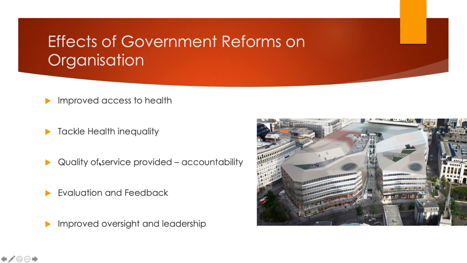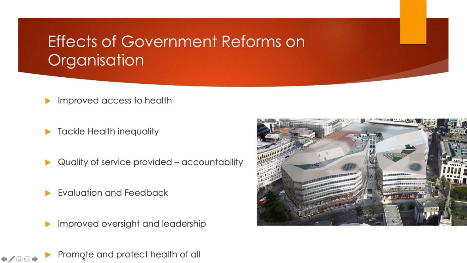Improved quality of service and accountability for the quality of service. So they created quite a lot of SLAs, which is like standard delivery of things. If for any reason those standards weren't met, they would be evaluated, and accountability also means improved oversight and leadership.